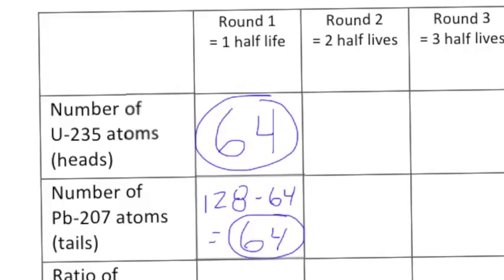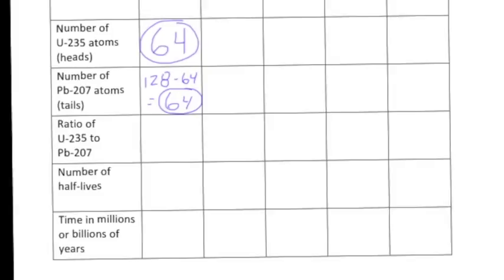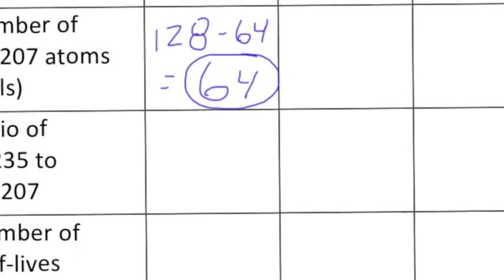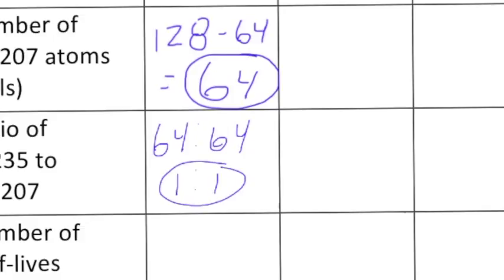Okay, so what's my ratio of uranium-235 to lead-207? Okay, the ratio is 64 to 64, but ratios reduce, so that's a 1-to-1 ratio.